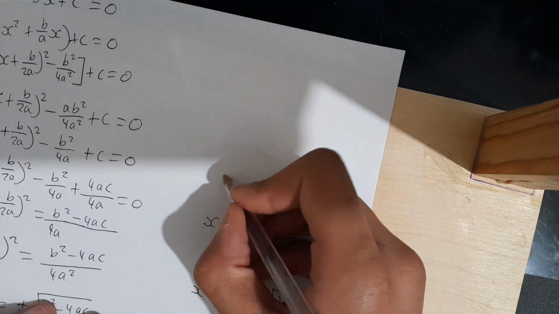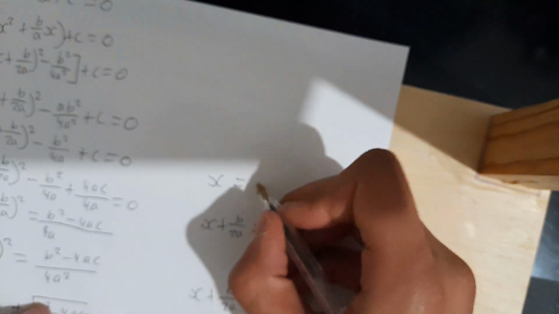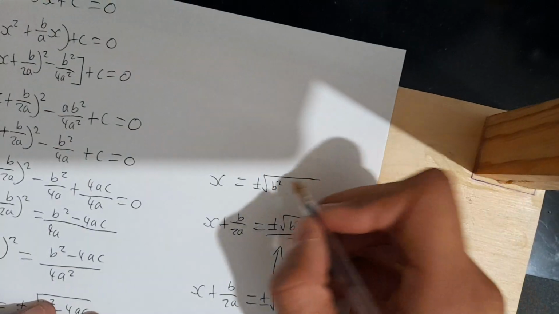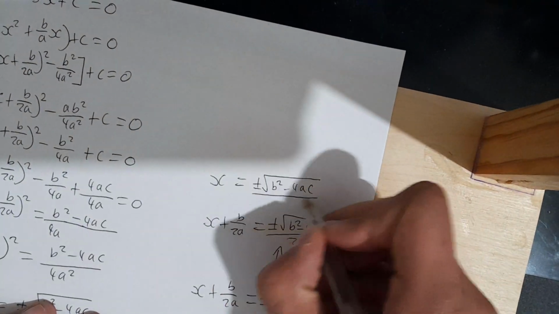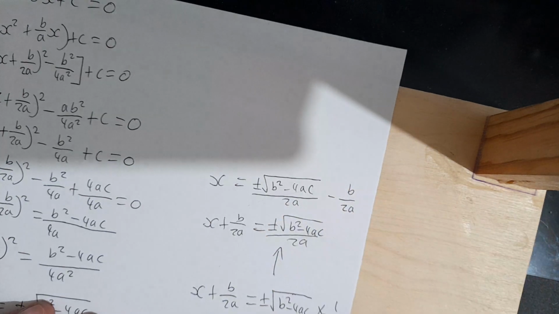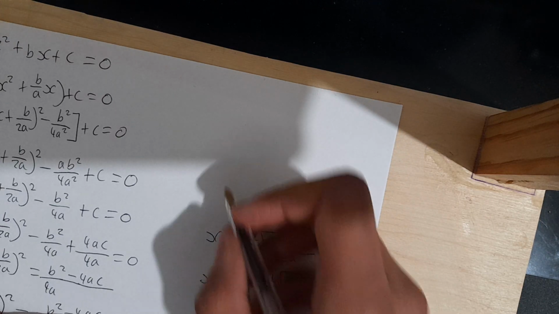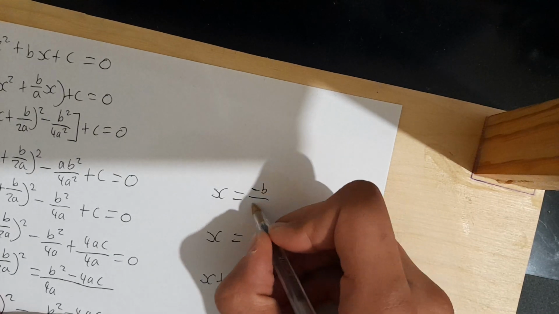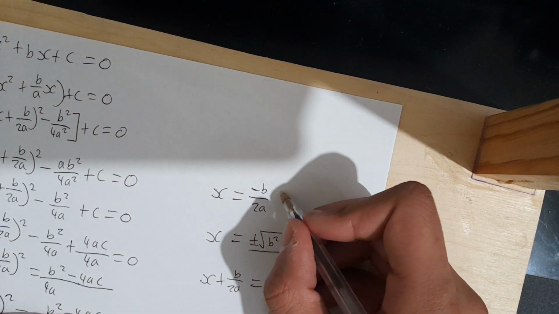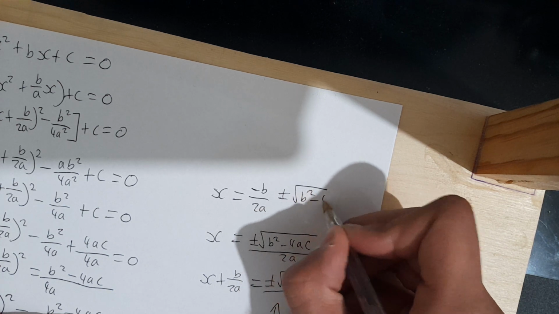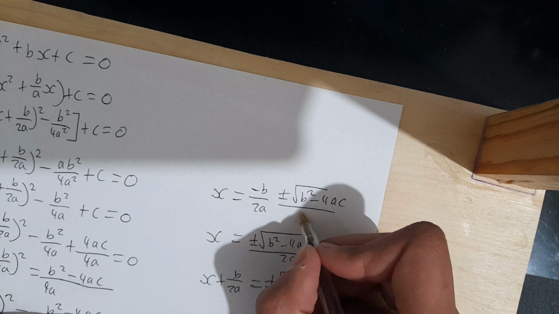And now final step, x equals plus minus square root b squared take away 4ac over 2a, subtract b over 2a. And if we put the b at front, we get x equals negative b over 2a plus minus root b squared take away 4ac all over 2a.